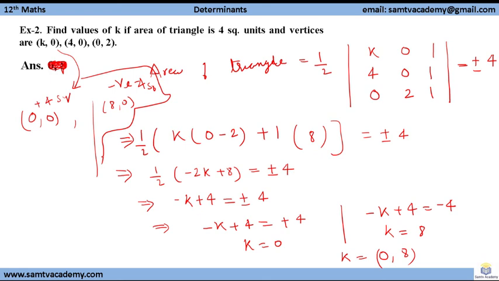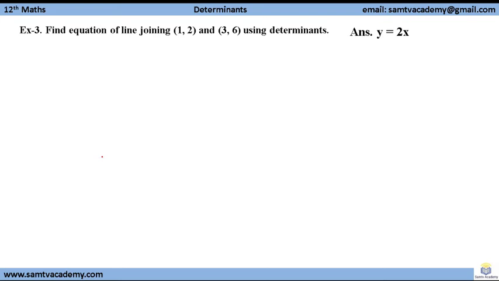Now suppose the next question. In the third concept we have discussed the area of a triangle used to find the equation of a line. As we know, if the points are on the same line, then they are not going to form a triangle, so we will make its area 0.